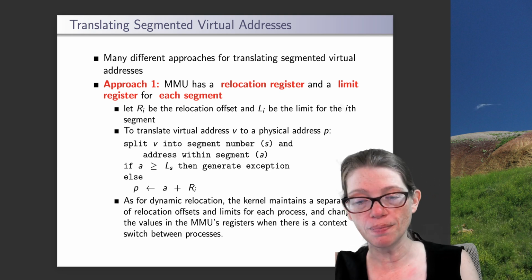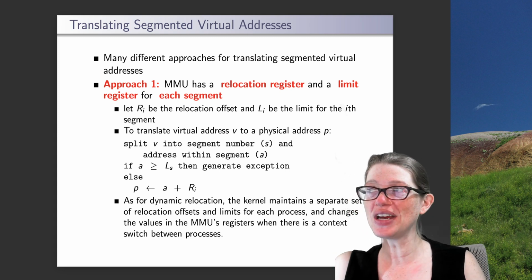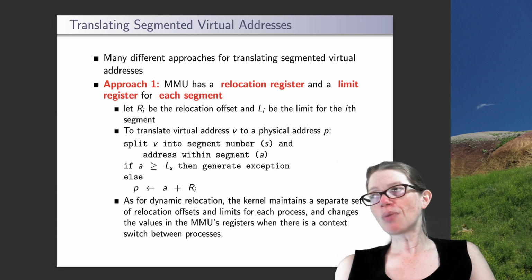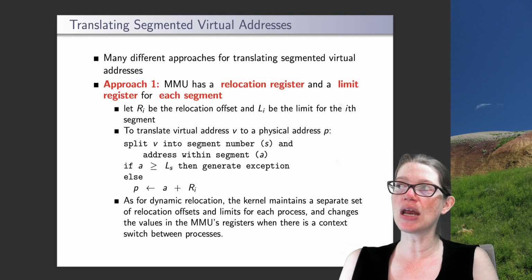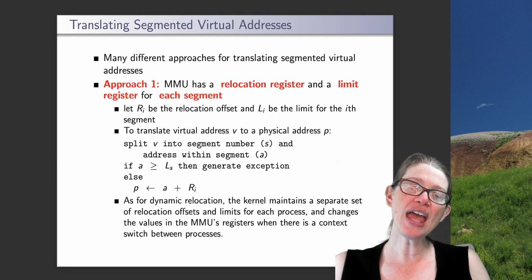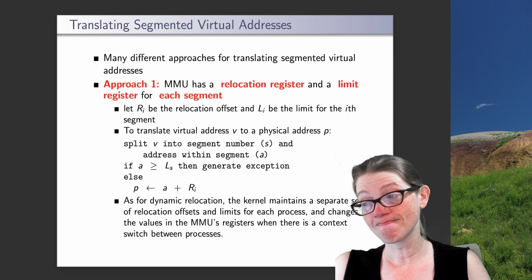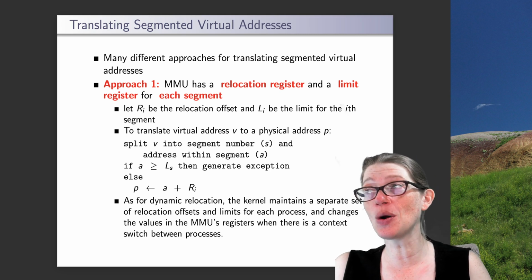It's so simple. Now, why don't people use this one? So this method is very simple, having the register on the MMU. But the problem here is that not every segment is going to be read-write. And we want the MMU to throw exceptions if we are trying to write to a read-only segment. So in order to support that, we would actually need a third register.